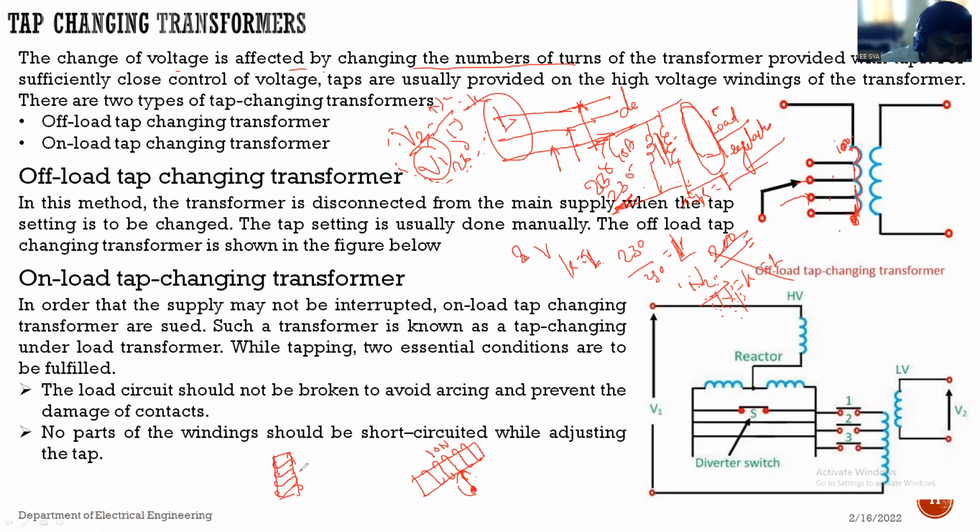See, LV winding it is nearer to the core. कोरच्या भोवती कोणती वाइंडिंग असते? LV winding. Okay, because insulation requirement is less in case of LV winding. So these are insulated from the core also, as well as winding are insulated from each and every turns also. And above that LV winding there are HV winding, it can be wound.